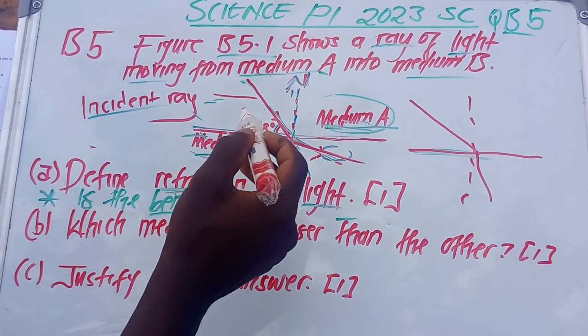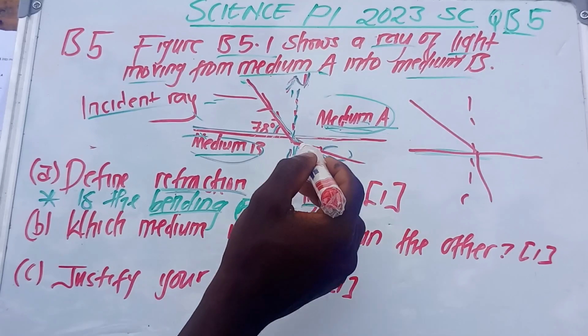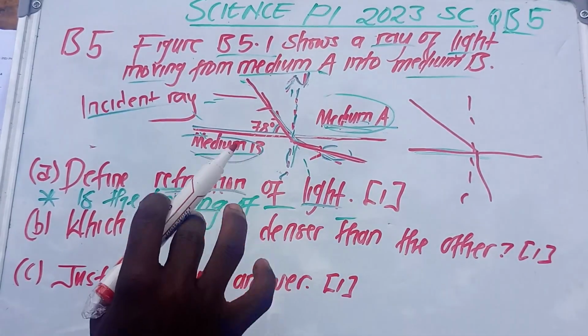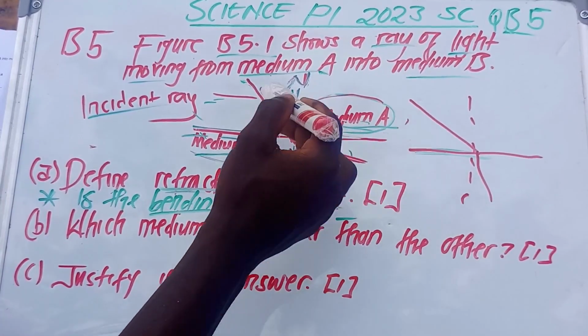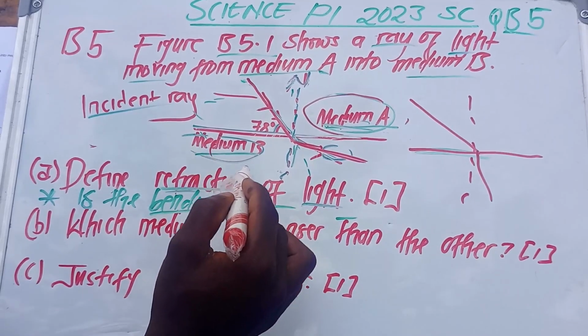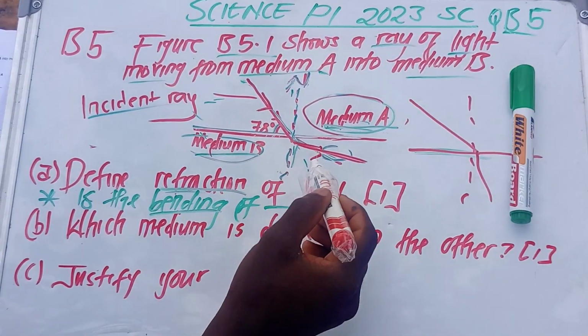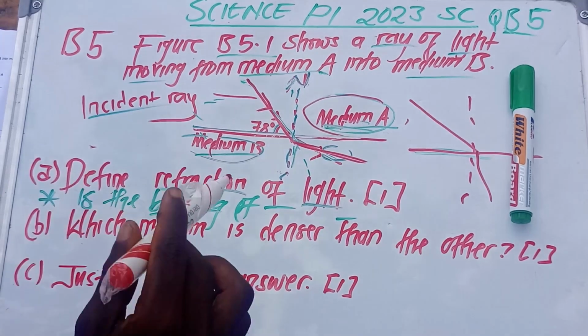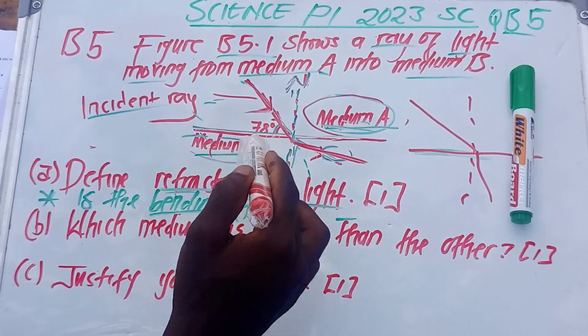Whenever you see a ray of light bend away from the normal, like in our case, just know that the medium where the ray of light is coming from is denser than the other medium. So whenever the ray of light bends away from the normal after it has passed from one medium to another, then medium A, where the ray of light is coming from, is denser than medium B.